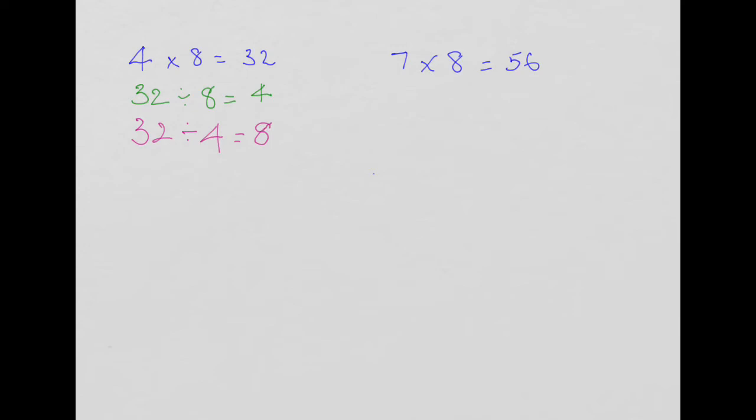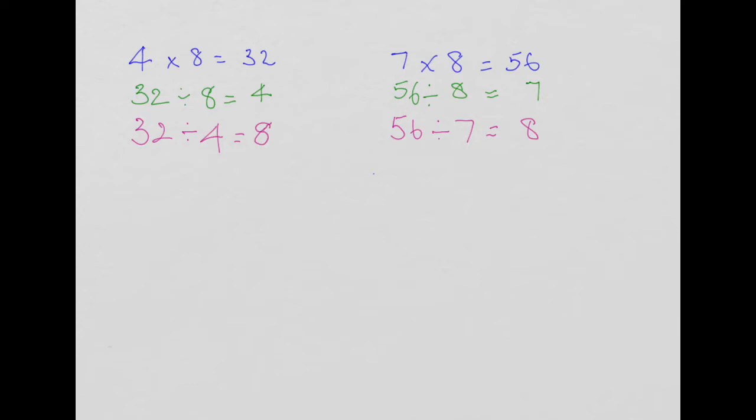So with that, we absolutely know that 56 divided by 8 equals 7, and we also know that 56 divided by 7 equals 8. And we can do this with any of our tables. It's so straightforward that we can just do it in our head. All we're doing is rearranging the pattern.